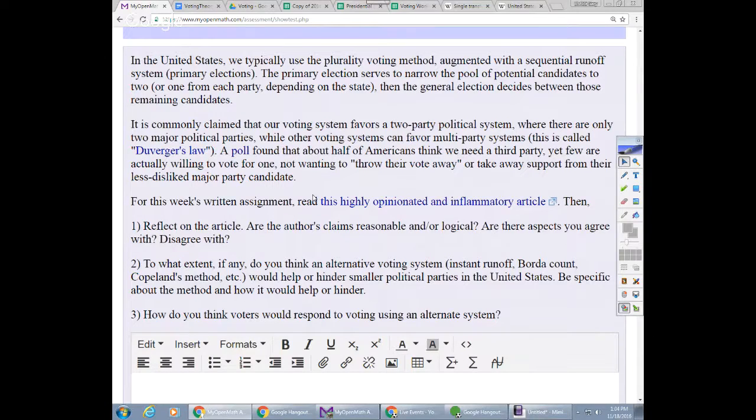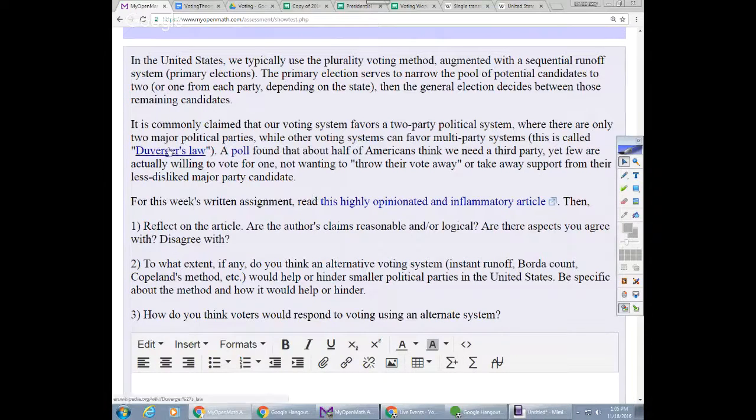Third parties get marginalized in a voting system like we have. Whereas other countries that have a more robust voting system, like maybe with the preference ballot, or maybe with the voting like Canada and Great Britain do, you end up with more diversity in the political parties. It doesn't always work that way, but more often than not, that kind of happens.